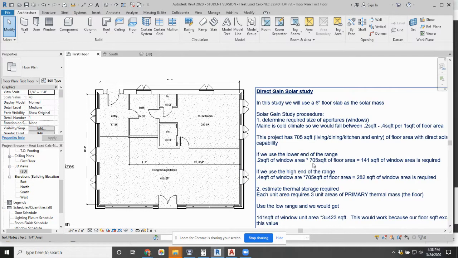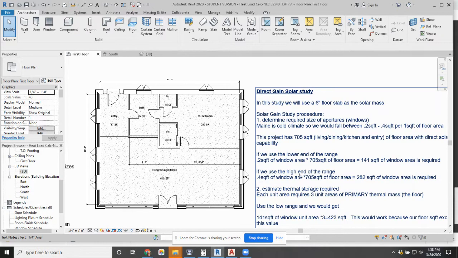So if I take that number and I put in 0.2 square feet of window area times 705 square feet of floor area, at the low end, I would need 141 square feet of window area in order to make this design work.